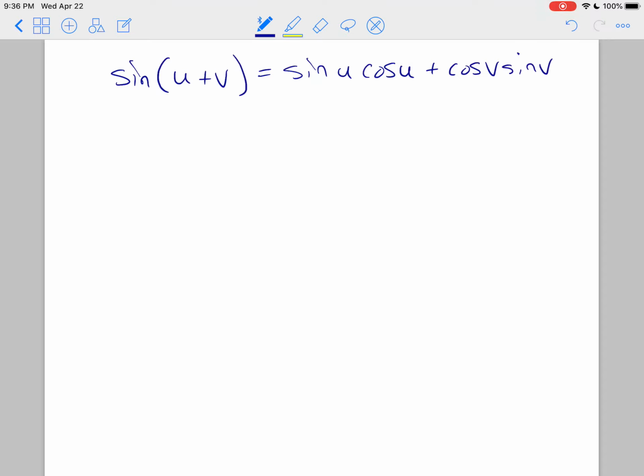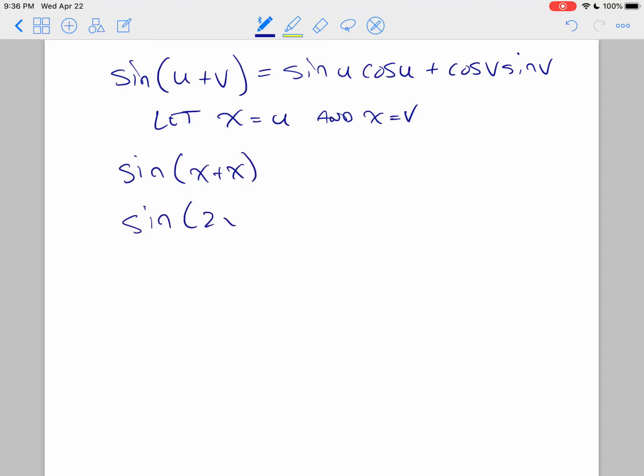so there's the sum formula for sine. If we let x equal u and x equal v, then we get sine of x plus x, which is also known as sine of 2x.